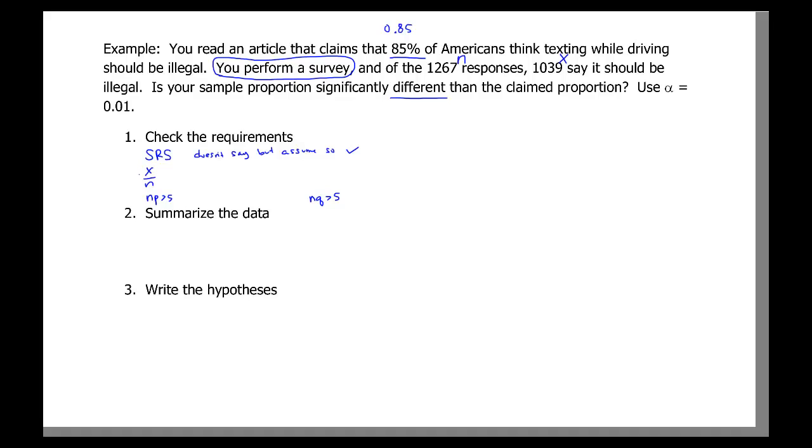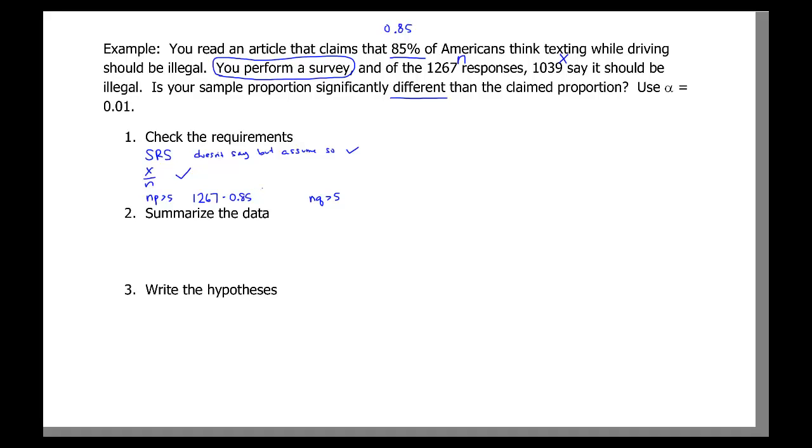This type of problem requires that we're working with proportions, some number out of a total number, and that's true. We have 1,039 out of 1,267. Okay, next thing to check, n times p is greater than 5. Our n is 1,267, so you can be pretty sure that n times p is going to be greater than 5, but the p that we'll use is the population proportion claim, 0.85.